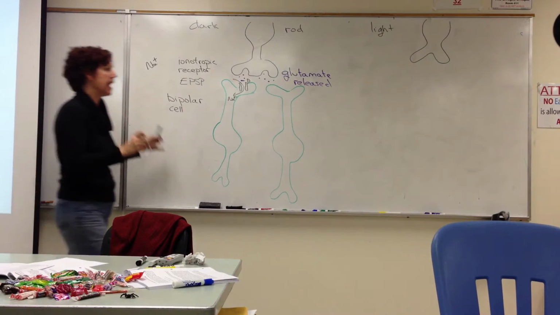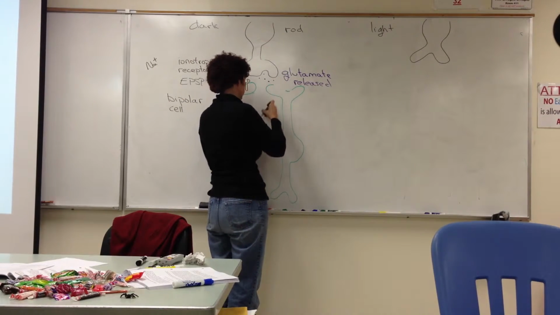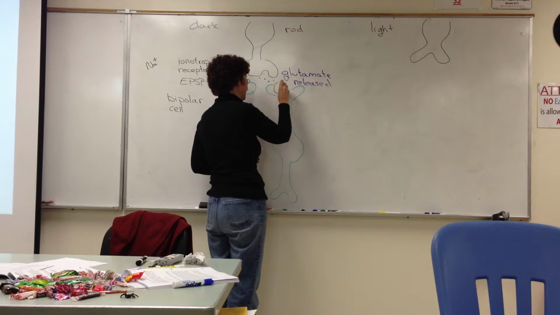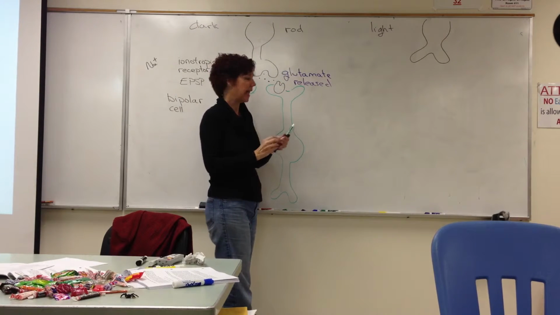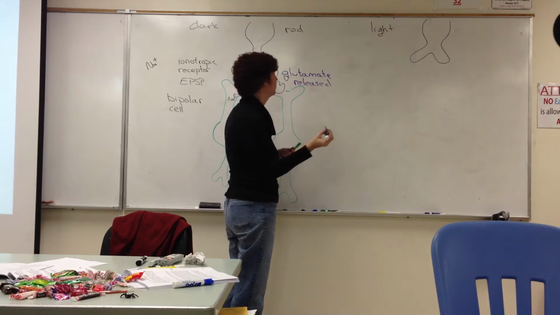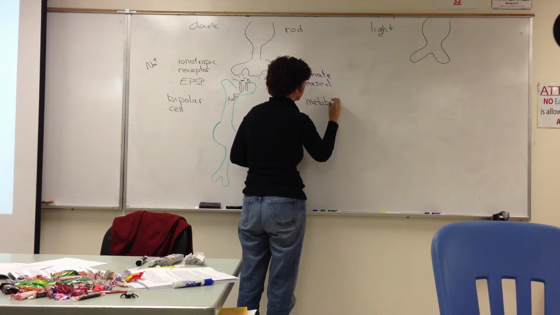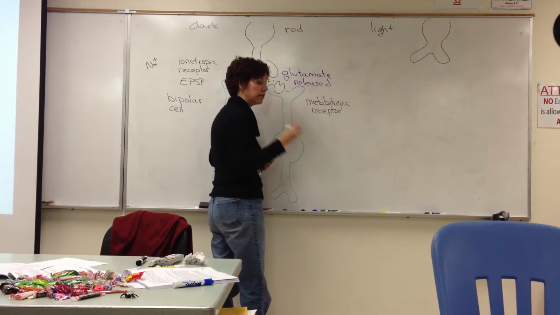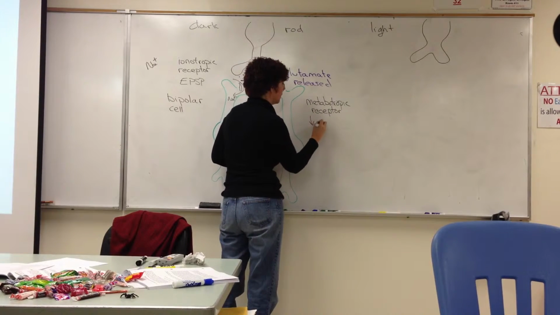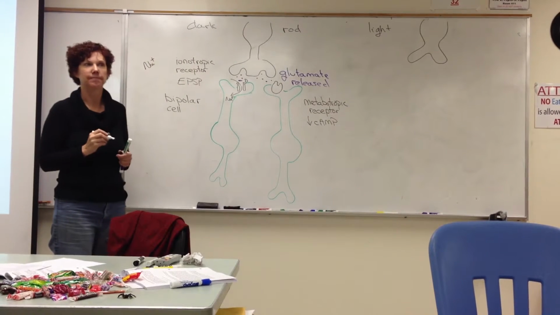All right? Now, this particular bipolar cell, instead of having an ionotropic receptor, has a metabotropic receptor, which functions to decrease cyclic AMP.